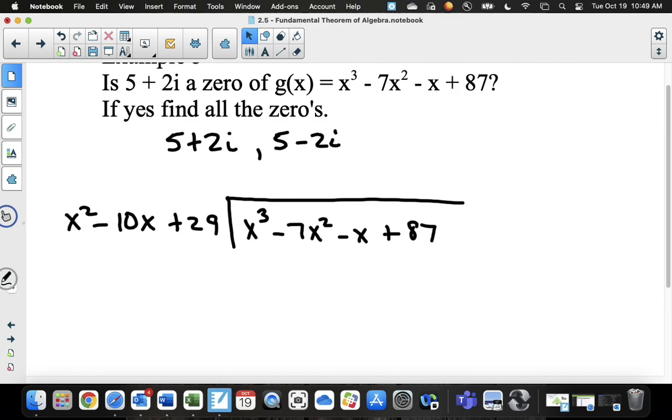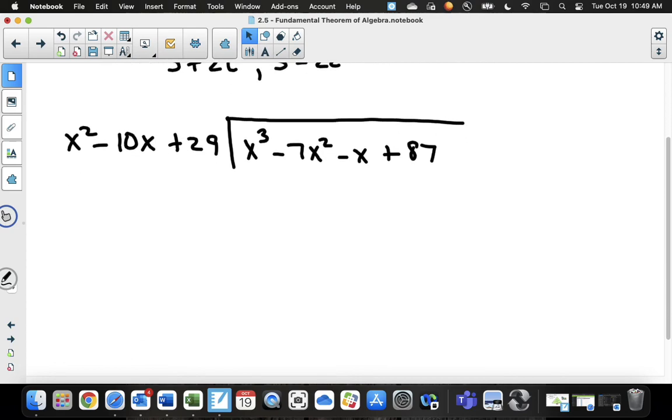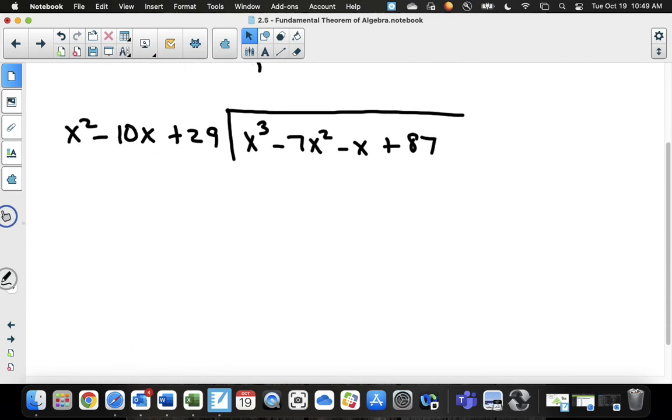By the way, how am I going to know if this is a factor? Remainder of 0 is what I'm looking for. Okay? I'm looking to see, does this give me a remainder of 0? And then I can answer the question from there. All right, I told you it looks messy. Don't forget if you need zeros on anything, we don't. But if you would, make sure you put those zeros in.